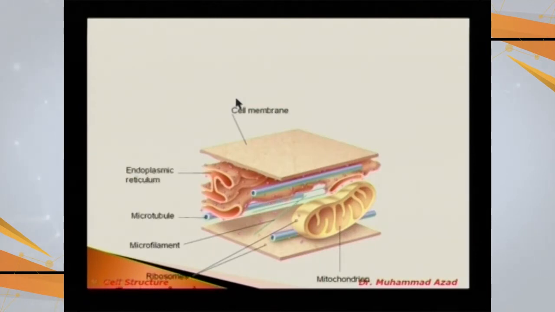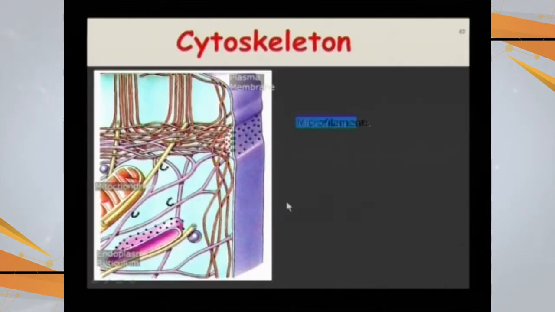Looking at another slide, this is the cell membrane, the outer, the 2 sides inside, this is the mitochondria, endoplasmic reticulum. This is one of the microtubules, and this is one of the microfilaments which are intermingled with all of these organelles. This is one of the microfilaments making, you can say, a zigzag arrangement inside.